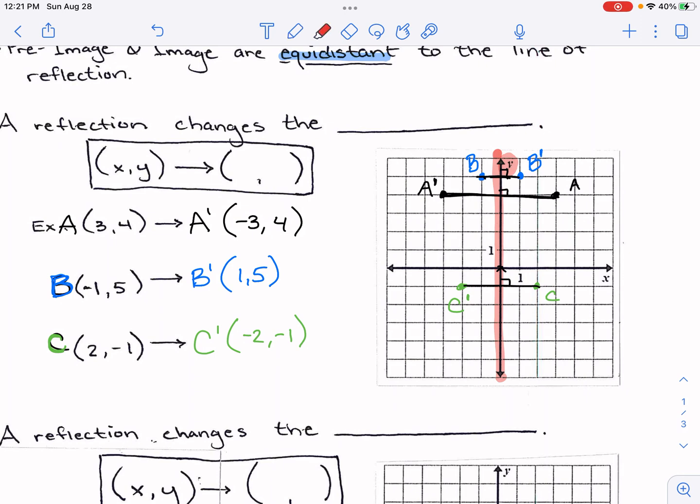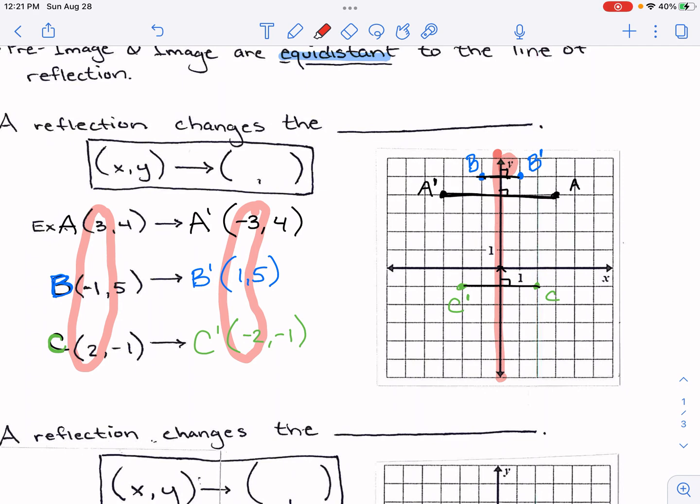Now let's notice some things though. I'm gonna put this in red. Let's notice some things with the X values. So I want you to look at these X values and what do you notice? Are they the same? Are they different? Are they increasing, decreasing, whatever?